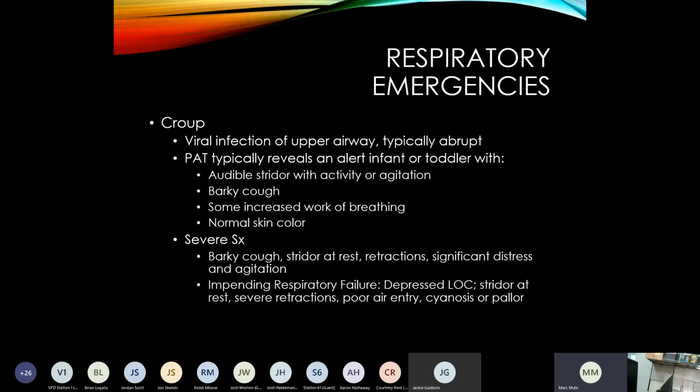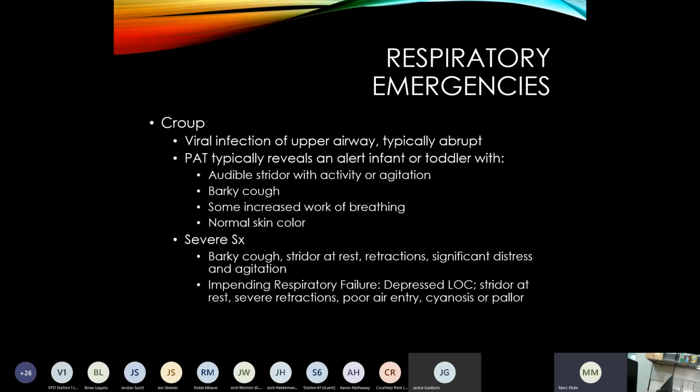Moving on, croup is a viral infection of the upper airway. The onset of this is typically abrupt. The kid appears sick, ill for a few days, may even start to feel like they're getting better, and all of a sudden they wake up in the middle of the night because they can't breathe and they have a croupy presentation.